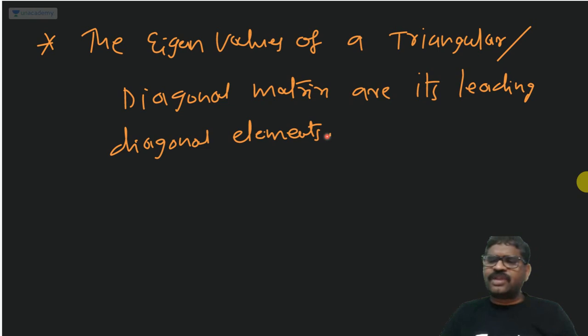The eigenvalues of a triangular or a diagonal matrix are its leading diagonal elements.